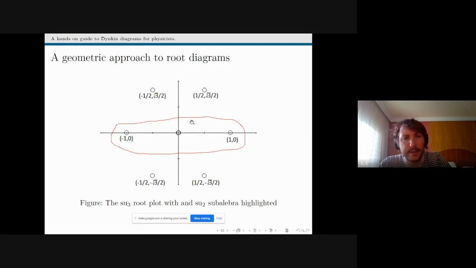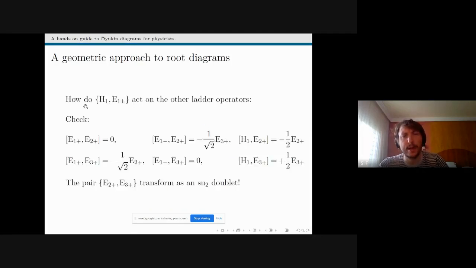You can ask, if this is an SU2 subalgebra, then how do the elements of this SU2 subalgebra act on these other roots, the other basis elements associated to these roots? How do these guys here act underneath this SU2 subalgebra? Of course, we could just calculate how they act.